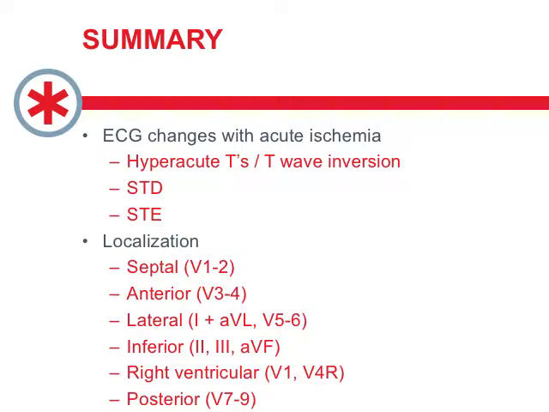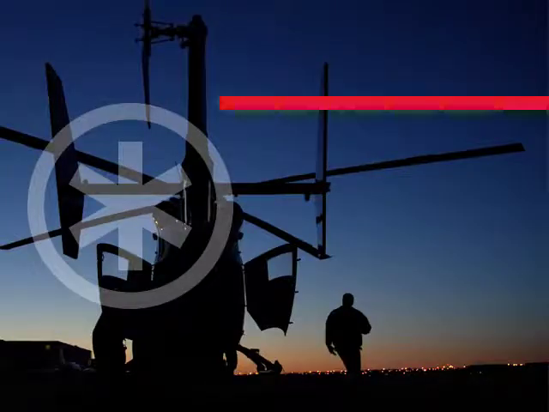The right ventricular we sometimes see in V1, and then we're going to do that special lead, V4R, to look at it. And then posteriorly, remember, we're going to look for changes in V1, V2, and V3, but really it's the posterior leads, V7, 8, and 9, that are going to help us have a really good look. And with that, we are finished with our quick review of acute ischemic changes on the ECG.